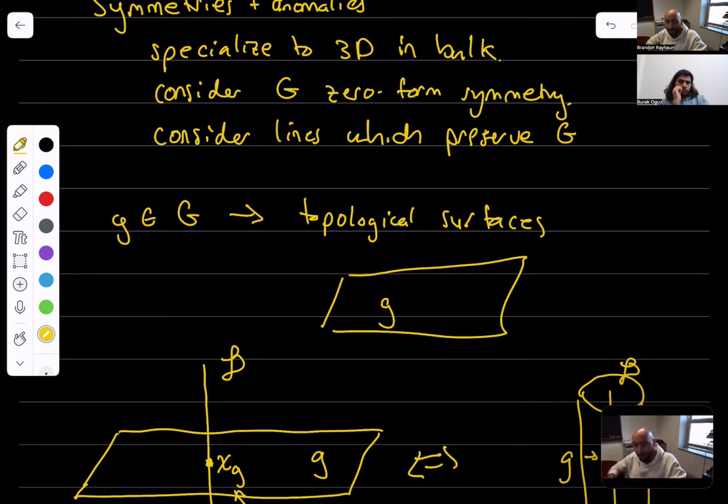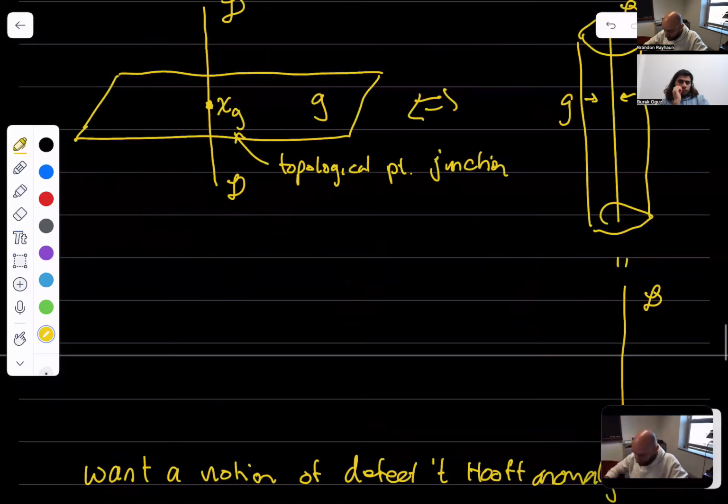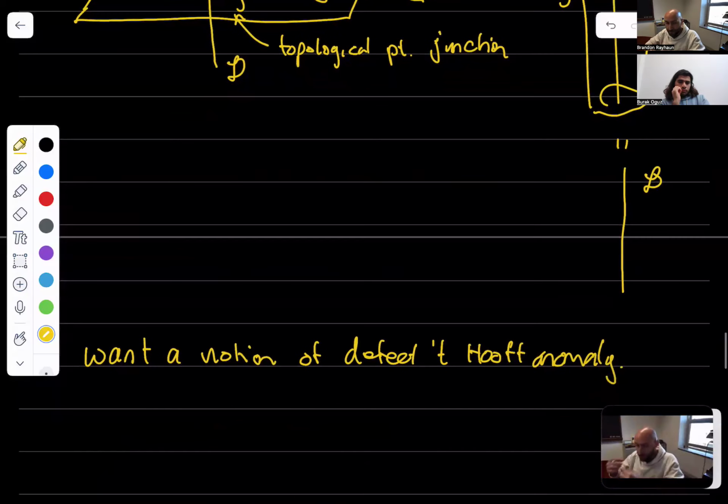In all the examples that I'll discuss, G will be non-anomalous in the bulk. So, for example, it'll be possible to consistently gauge it in the bulk. However, when you insert the defect, in general, there could be some contributions to the anomaly which come from the defect. And those are the things that I want to discuss.